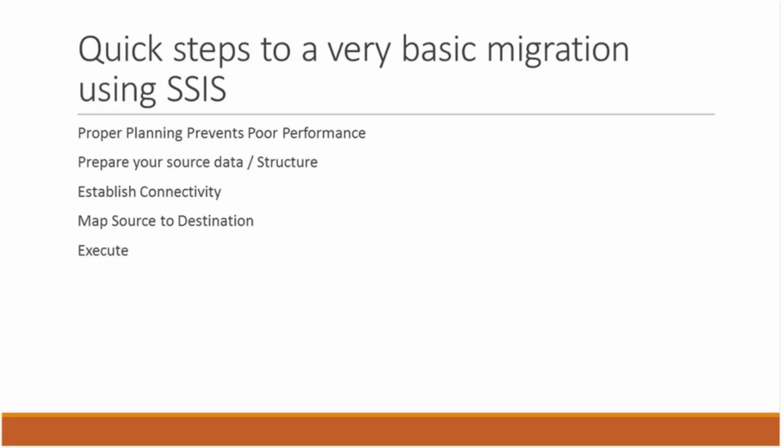So, the quick steps to get up and running. First off, always plan and prepare your data source and structure. Say we've got the trade show leads coming in. I probably want to get them into a table in SQL, and clear out bad data or records that were truncated somewhere in the export from the trade show.